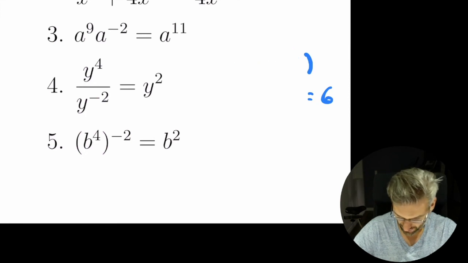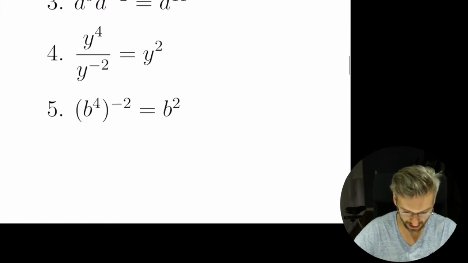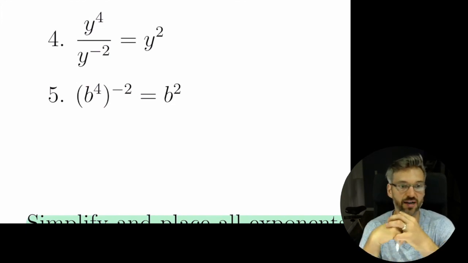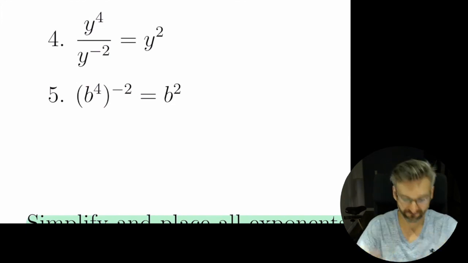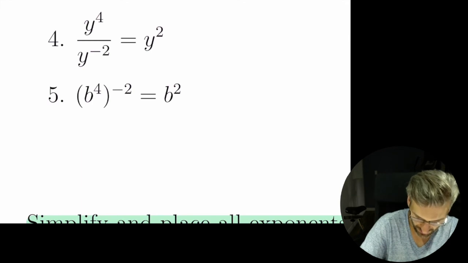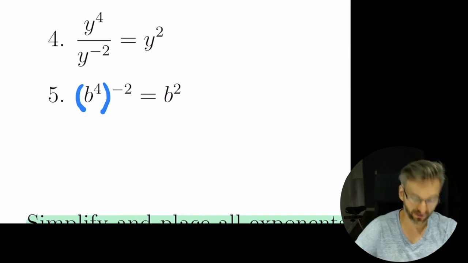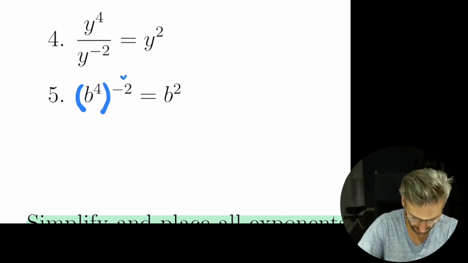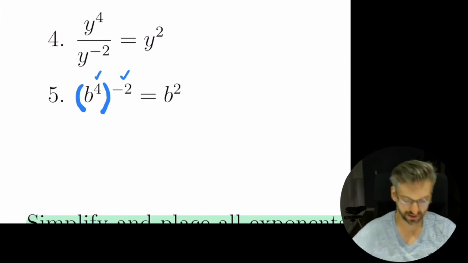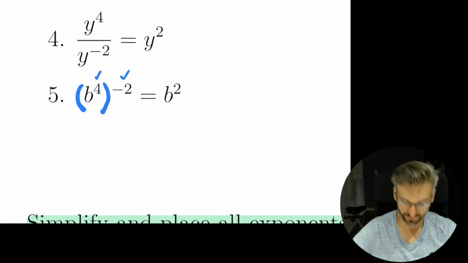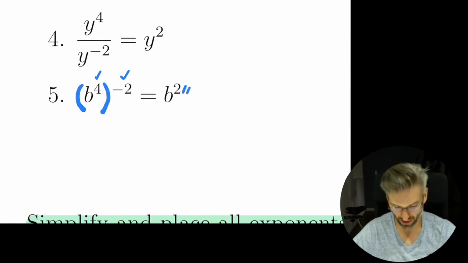So we have 4 out of the way, and now let's take a look at the last one, which is number 5. So what's wrong there? Let's see how well you remember the exponent laws here. Notice we do have brackets, and if you have brackets, remember that your exponent will distribute across the exponent inside. So here, this 2, actually I have no idea how they came about that.